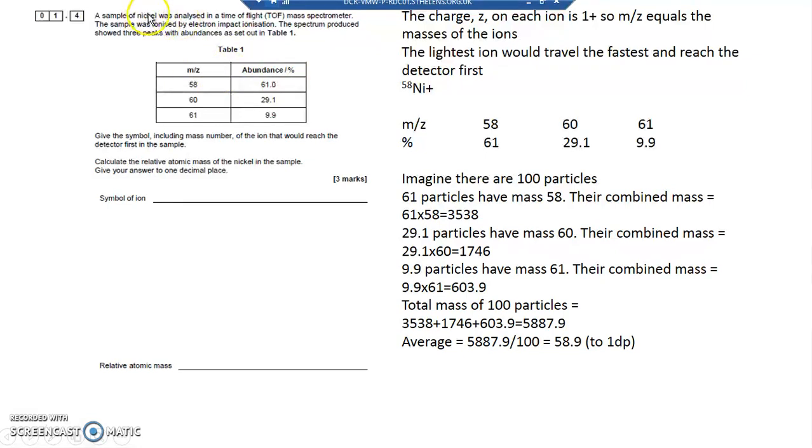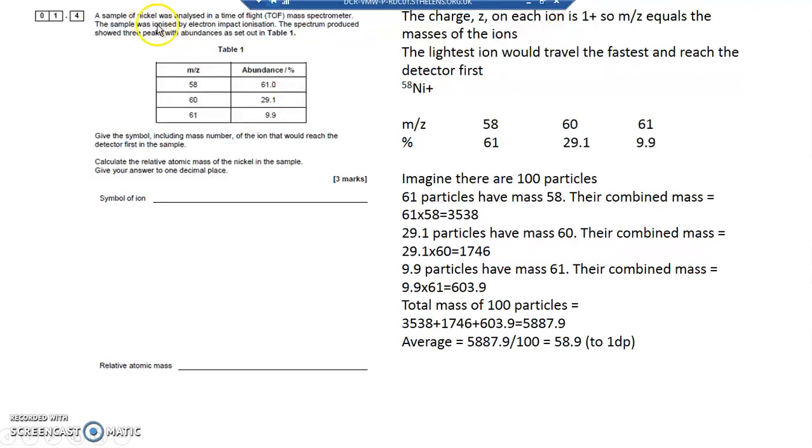m/z means the mass of the atom divided by the charge. Well, let's assume that all the charges are 1+, so the mass divided by 1+ is just its mass. So we've got nickel atoms forming Ni1+ ions, and these are the masses, and these are the abundances, the amounts of each. I've got Ni1+ ions of mass 58, and there's 61% of those.